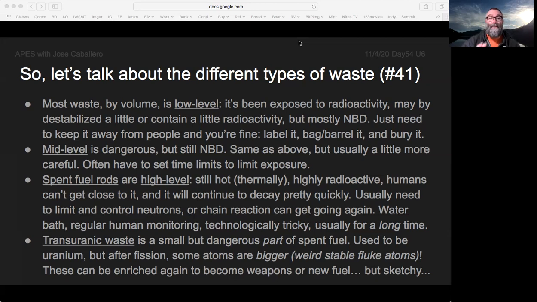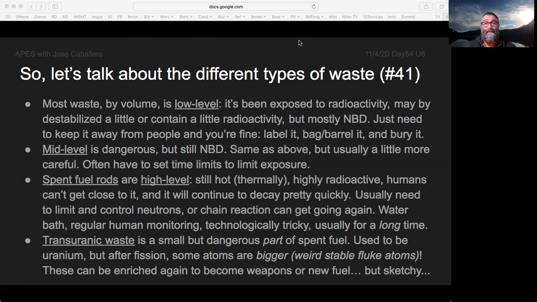Low level has been exposed to radioactivity. So, you know, it's got a few wobbly elements in there. Has a little radioactivity, so it'll kind of give off some parts or give off some energy. But mostly this is not such a big deal. Low-level waste is usually just labeled and buried.